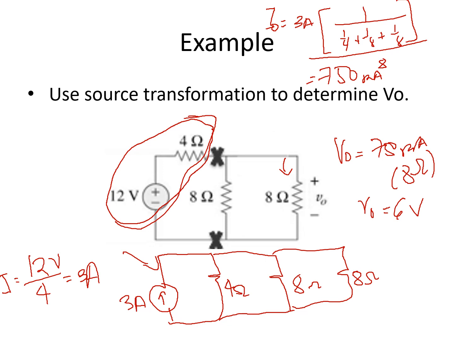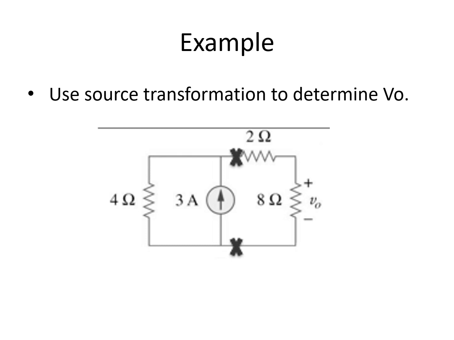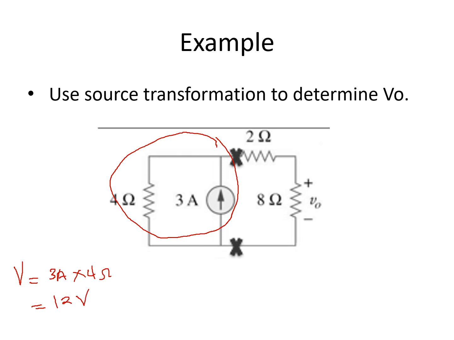Okay, so let's have another example. Use source transformation to determine Vo. This time, we have a current source in parallel with a resistance. So we convert that. What is the equivalent voltage source for that? The voltage source is simply 3 amperes times 4 ohms, which is equivalent to 12 volts.